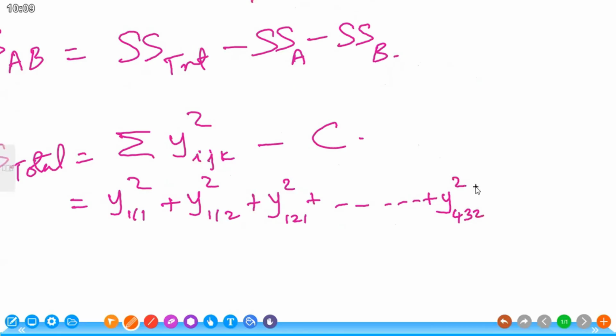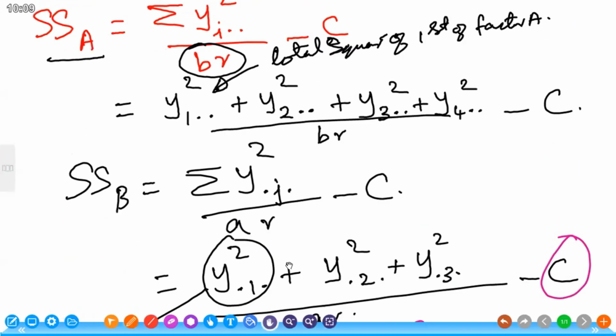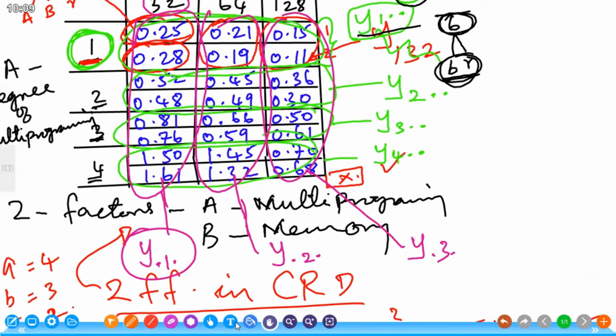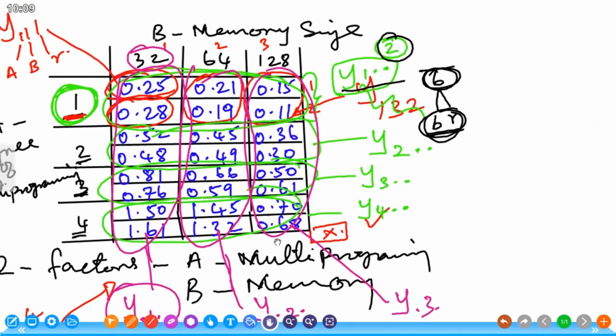That is why at the beginning I asked you to name each of these components. Each of these components, this is y11, already we have given. Similarly, this component is y132.